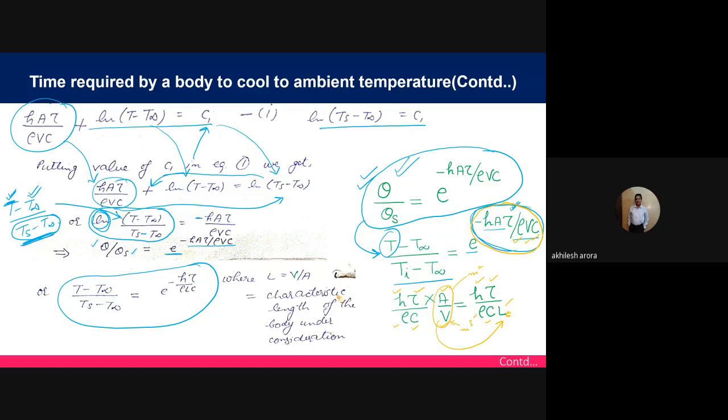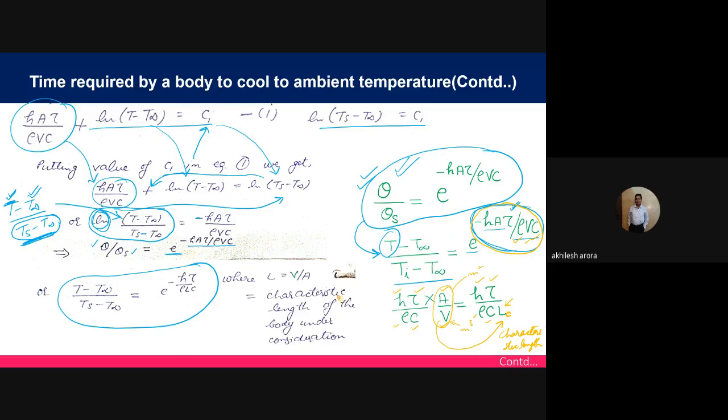LC stands for characteristic length, or it could be written as characteristic dimension also, and it is the ratio of area per unit volume.